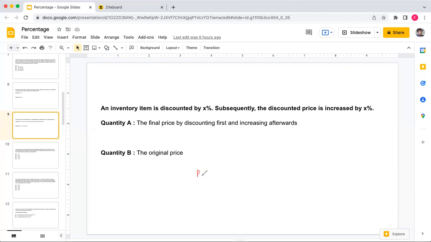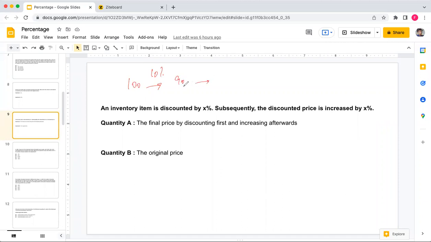Okay. We have an inventory item discounted by X%, and subsequently the discounted price is increased by X%. So assuming 100 initial value, and we are decreasing by 10%, for example, this will be 90.